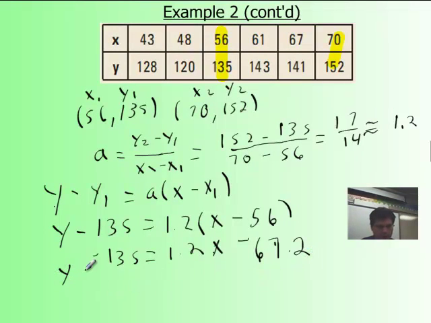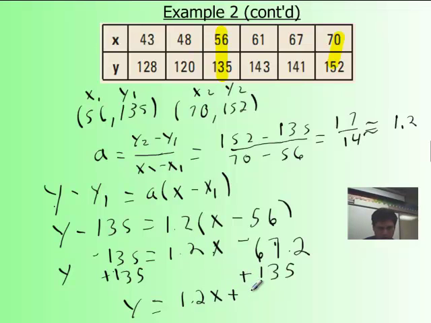And then we're going to add 135 to both sides. So plus 135, plus 135. So y equals 1.2x, and let's see, that's going to give us 67.8.